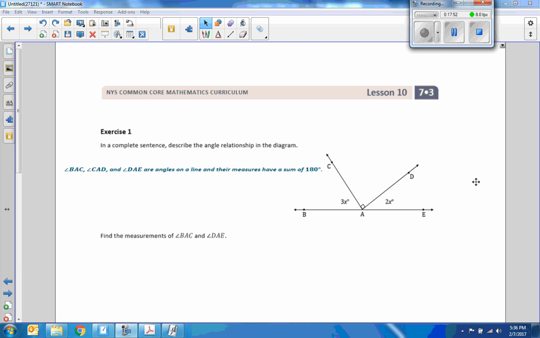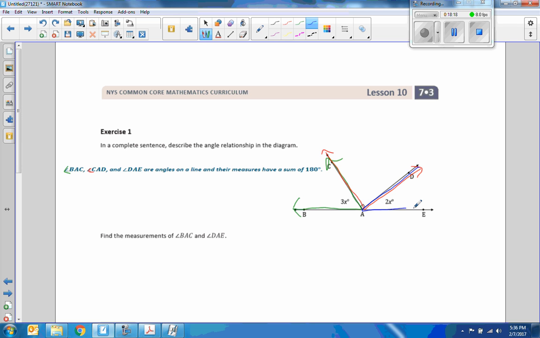Okay, so here it says in a complete sentence, describe the angle relationship in the diagram. So I say angle BAC, and I will color code it. Angle BAC is this first one, the green one. Angle CAD is the red one. And angle DAE is the blue one.